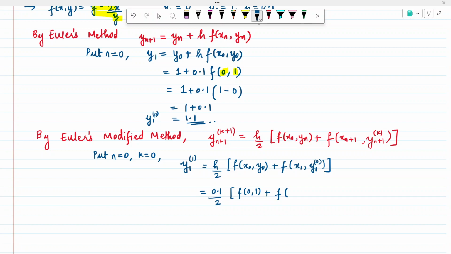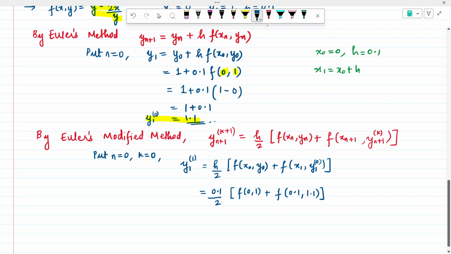f of x1 की value हमारी थी 0.1. Okay, how did I get x1 is 0.1, x0 was 0, h is 0.1, x1 is x0 plus h. So this becomes 0.1. And y0 की 0th approximation is here, 1.1.